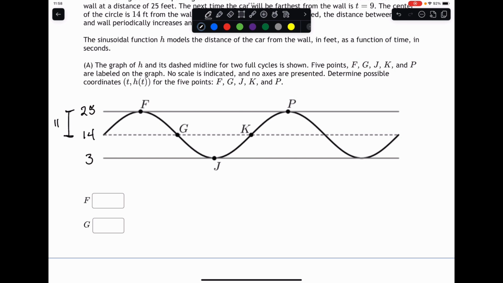Then that means that the distance from the middle to when the car is closest to the wall also has to be a distance of 11 feet. So those are our y values. So we have the y values of every single one of these points already.